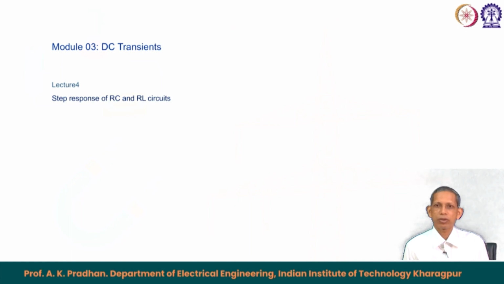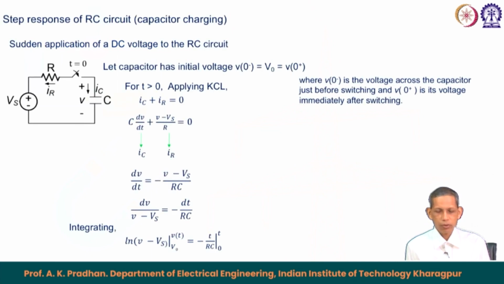We are confined to only the source to be DC, and in this combination of circuit we have either only RL combination or RC combination, only one storing element will be there. So, we will go one by one.